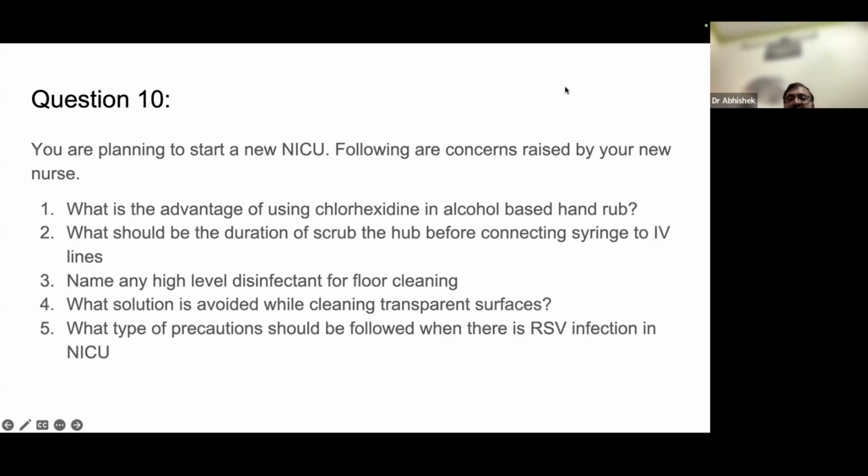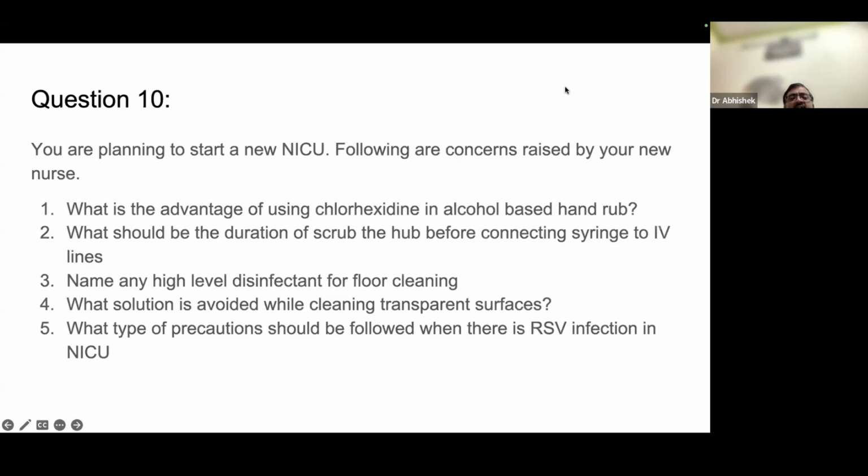Sporolol, I don't know what is sporolol. Bacillol is intermediate. Yeah, it is any aldehyde-based solution or hypochlorite is a high-level disinfectant for floor cleaning.